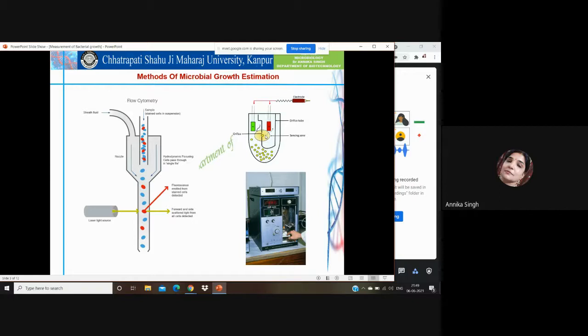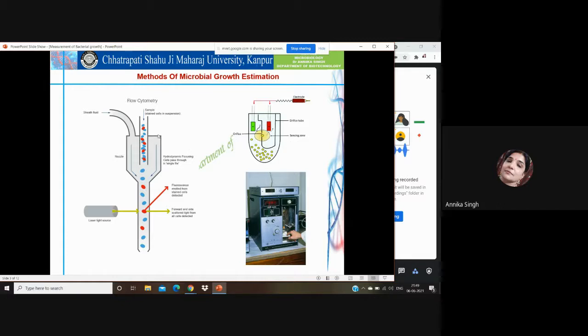It is a traditional method for directly counting microbes in a sample, but the drawback of this Coulter counter method is that it counts both dead and live cells. So you cannot count the viable cells with this equipment.